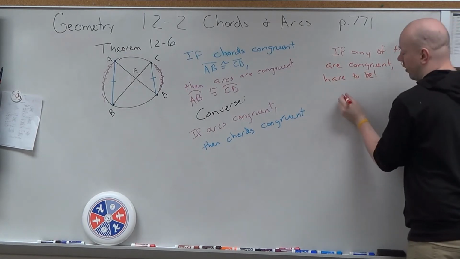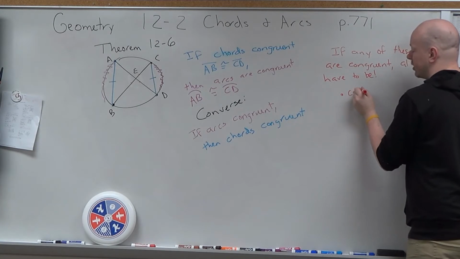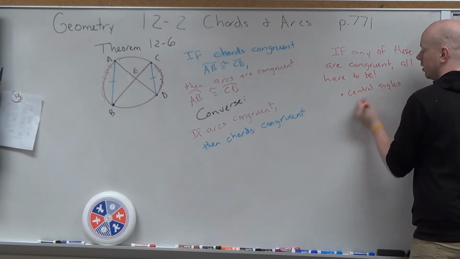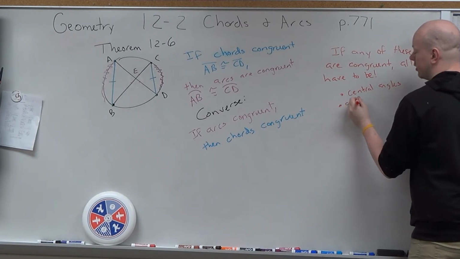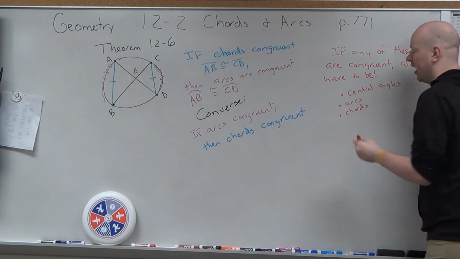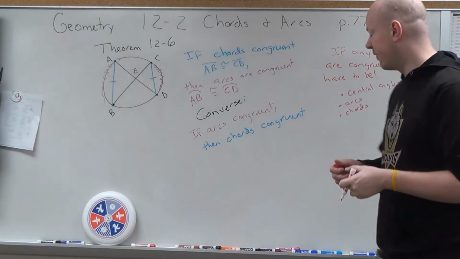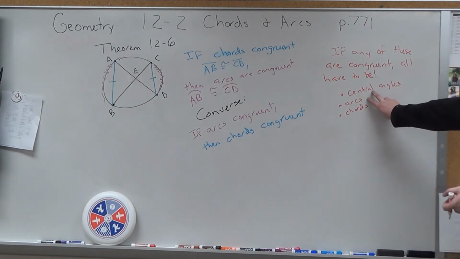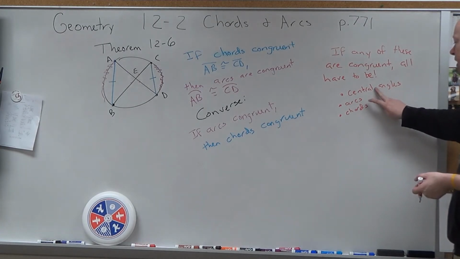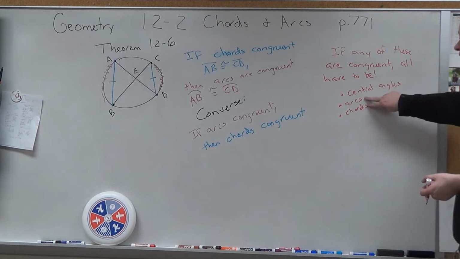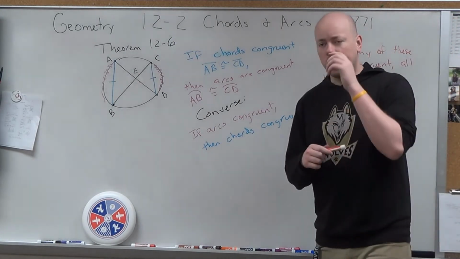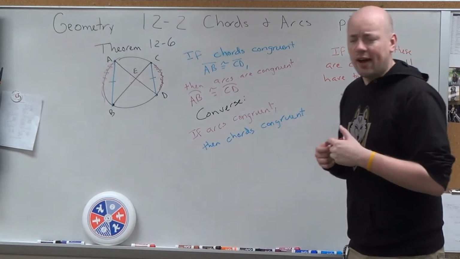Those we're talking about are those central angles, the arcs, and then the chords. As we've seen with each iteration, we've had a relationship between the central angles and the arcs. We've had one with the central angles and the chords, and then now we just had the arcs and the chords. So if I have any set that are congruent, I know that all three have to be congruent.